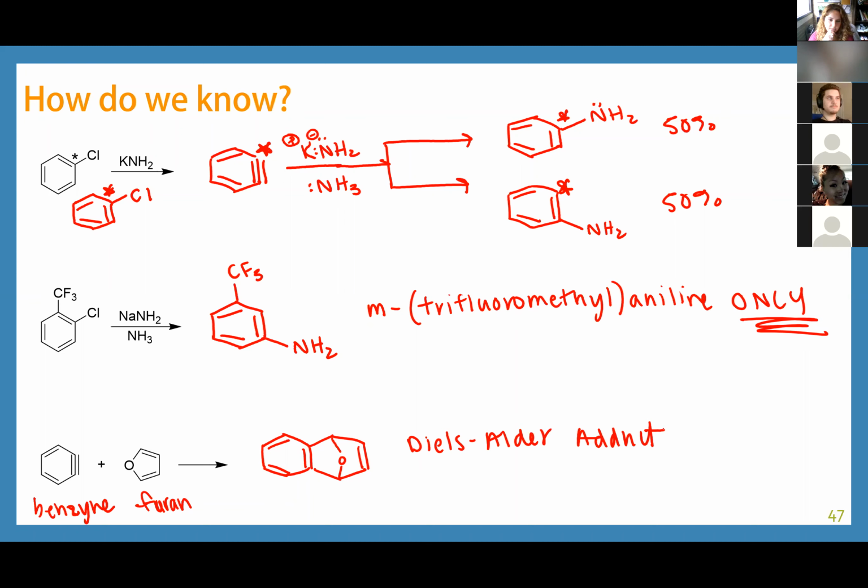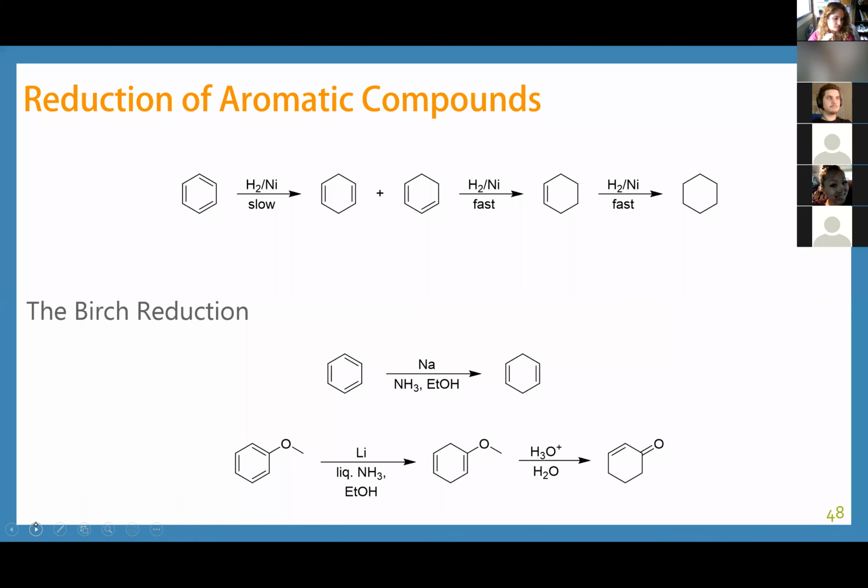Okay, are there any questions about this so far? Okay, we only have one other topic in this chapter. It's some reduction reactions of aromatic compounds.